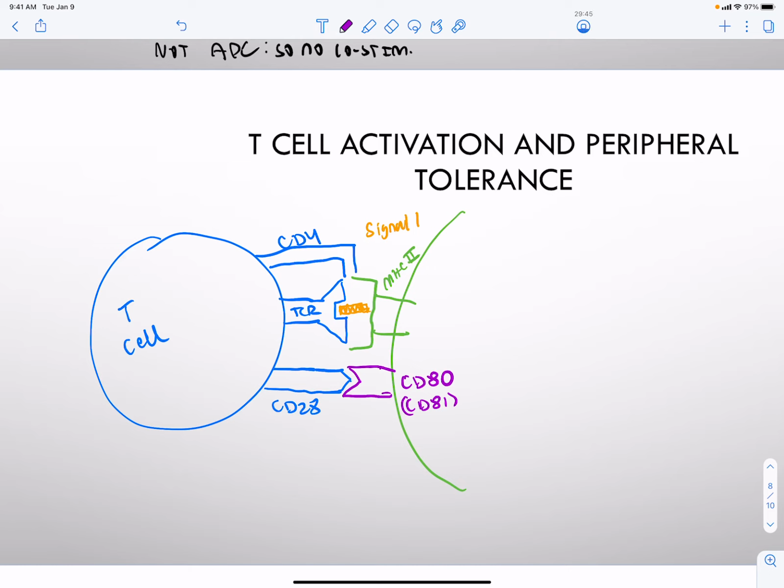And so this is going to lead to signal 2. So interaction of the T cell receptor with its antigen is signal 1, interaction of the co-stimulatory molecule CD28 with CD80 is signal 2.